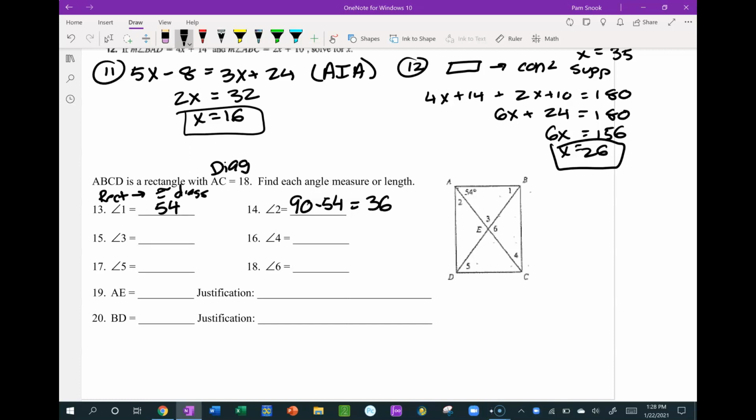Angle 3. Well, remember our triangle sum theorem. The two 54-degree angles, you're going to add those together along with angle 3 to get 180. So I'm just going to do 180 minus those two 54s. And I got 72. Number 16 wants to know what angle 4 equals.